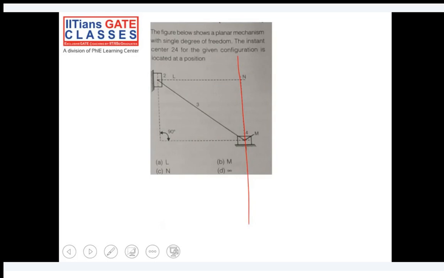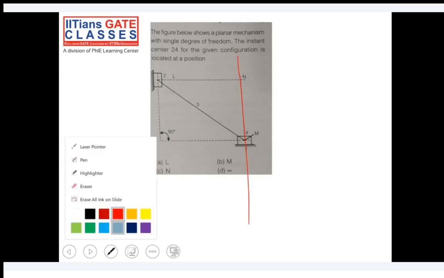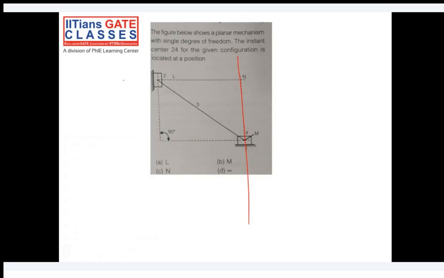Instantaneous center for 1 2 will be on this particular line. What they're asking is 2 4. Yes, 2 4 will be at this particular point. So it's again a similar kind of thing.